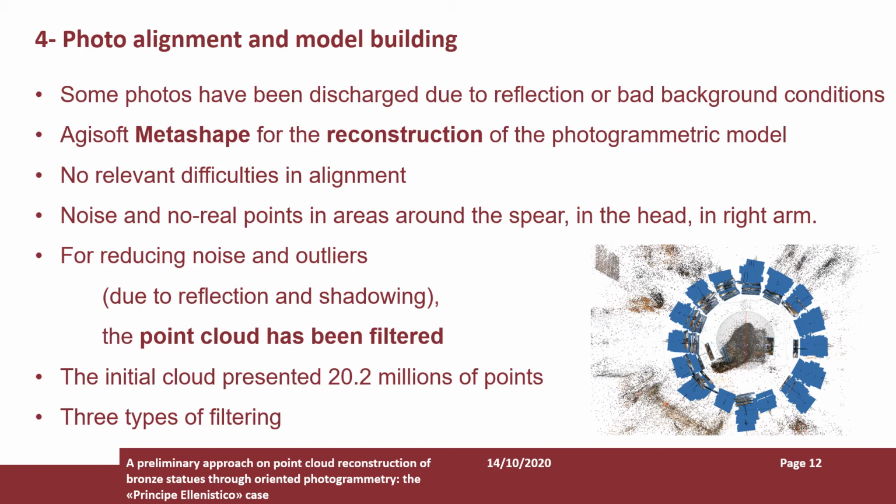In order to reduce noise and outliers, due as said to reflection and shadowing, the initial point cloud of more than 20 million points has been filtered with 3 different types of filters.